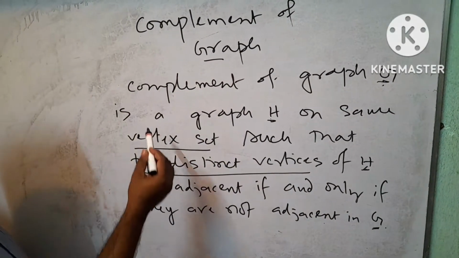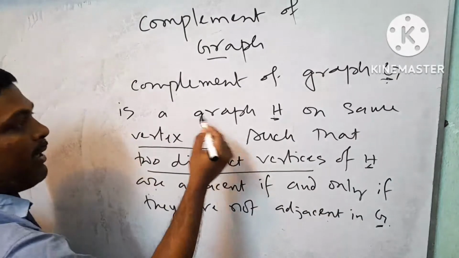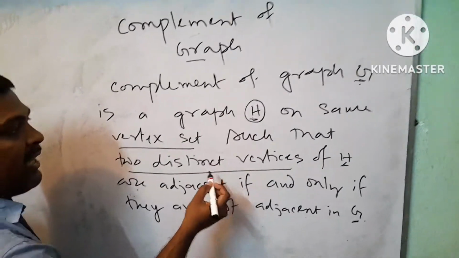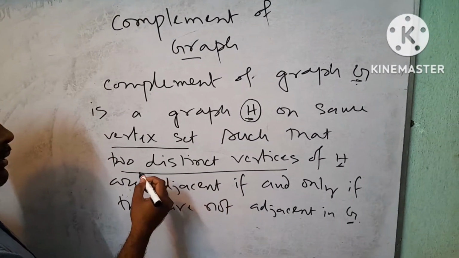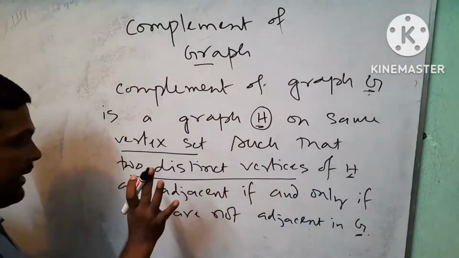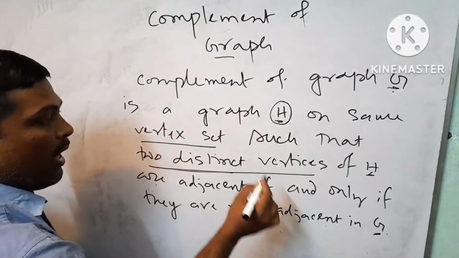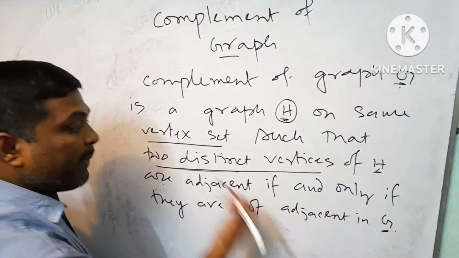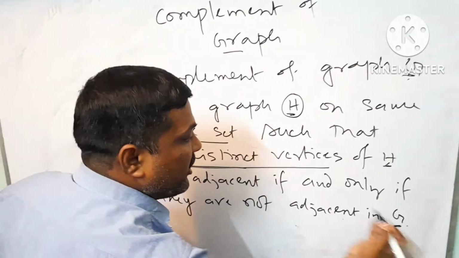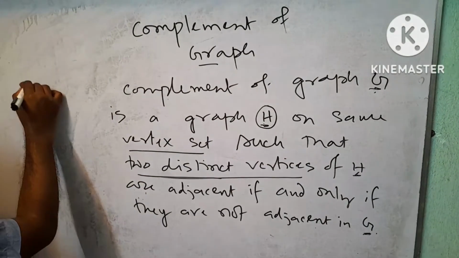Okay? Suppose G is one graph, complement of this graph is H such that both have the same vertex set. Now, two distinct vertices of H are adjacent if and only if they are not adjacent in G. See one example.